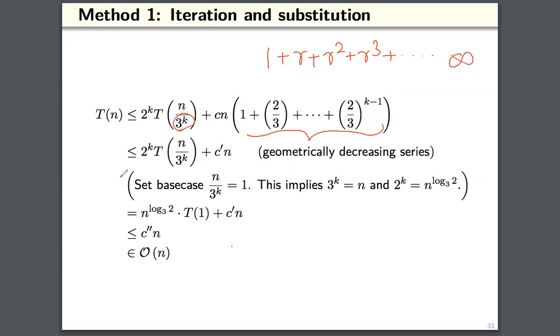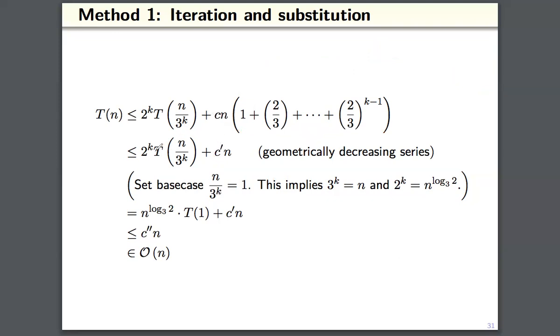Even if it goes to infinity, if the r value is in the range 0 to 1, then this is a decreasing geometric series. You don't need to worry. It's constant. So it remains the same. I mean, a constant times this, so we have used C dash here. So the asymptotics won't change.